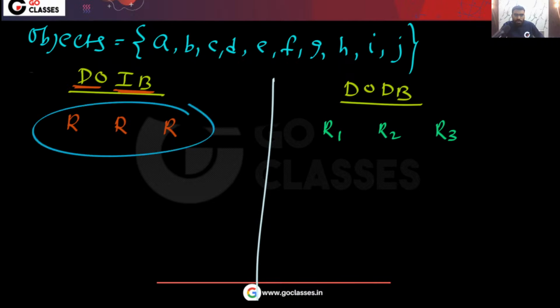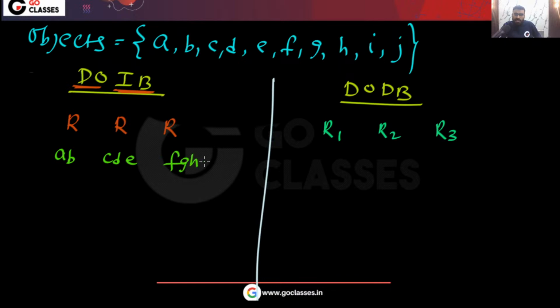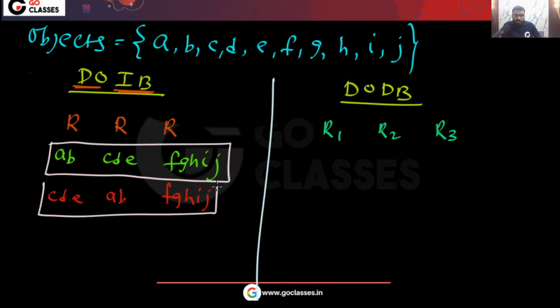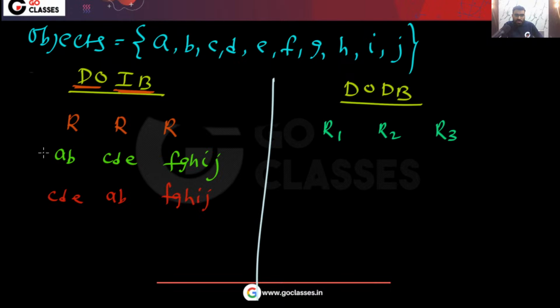If I put AB here, CDE here, and FGHIJ here, and then CDE here, AB here, FGHIJ here, are these two settings different? These two distributions, are they same or different?